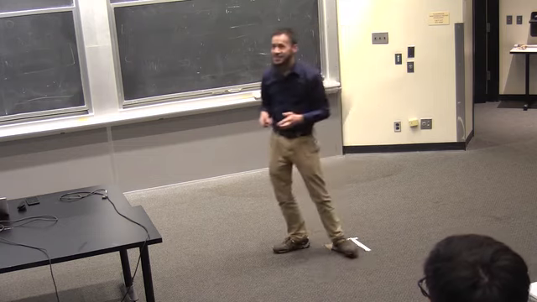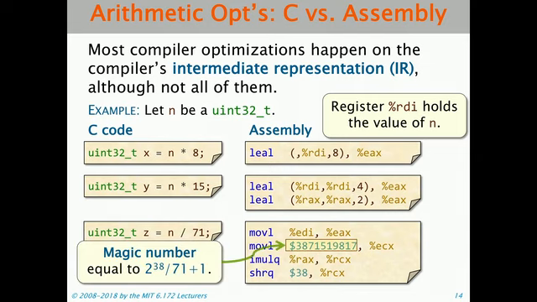Kinda. So this is what's technically called a magic number, and yes, it's technically called a magic number. And this magic number is equal to 2 to the 38 divided by 71 plus 1 to deal with some rounding effects.